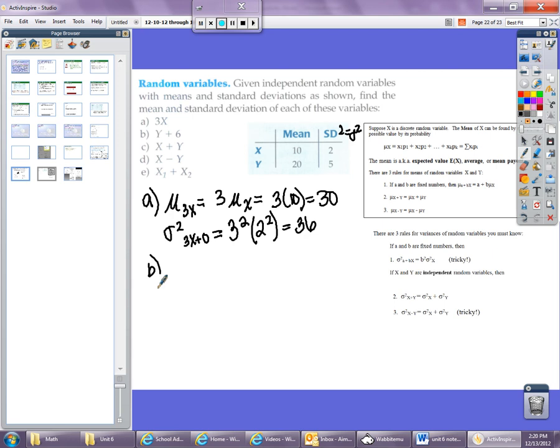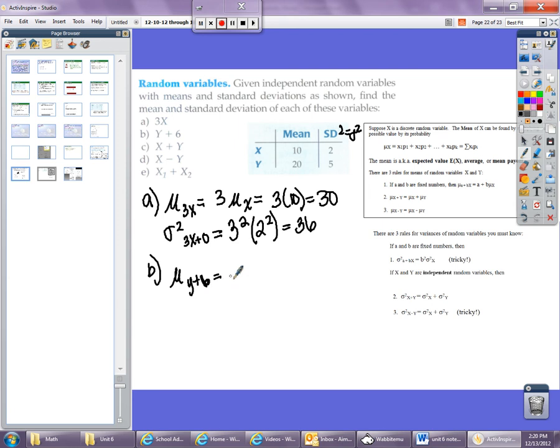Alright, letter B. Letter B is another type of linear. So mu sub y plus 6. And again, that's a linear type of thing. And in this case, your b value is just 1.